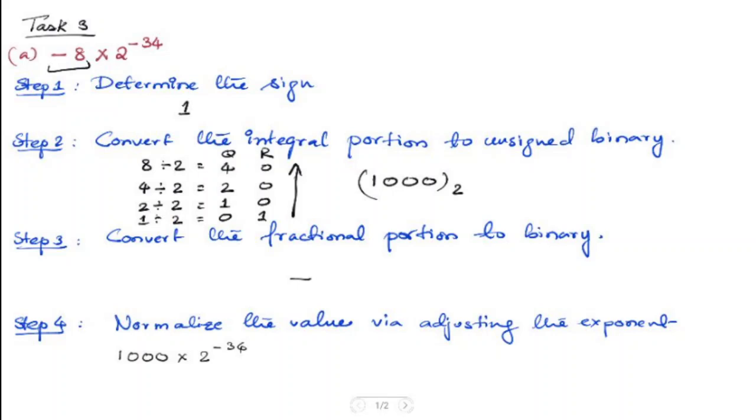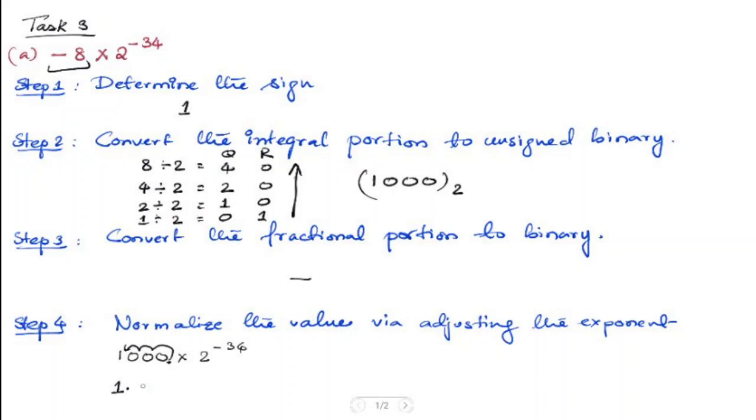and if you're normalizing this, when you normalize a binary number, you have 1 in front, then the decimal point, and then whatever comes after that. Here our decimal point is right here, so we move it 3 steps forward and put it down here.